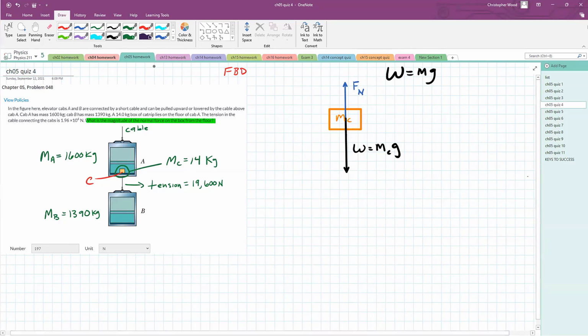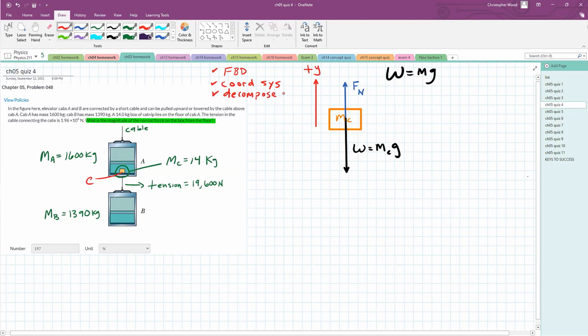So that's my free body diagram. What about the coordinate system? You always have to worry about that. Here's how I'm going to worry about my coordinate system. I'm not going to worry at all. I'm just going to stick with the standard: up is plus y. I'm not going to worry about x. There's nothing going on in x. So I'm done with the free body diagram and coordinate system. The next recipe item is decomposition, but there is nothing to decompose.